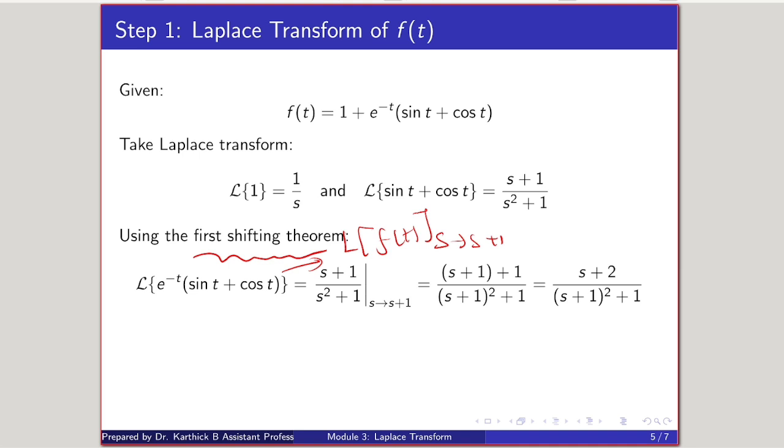S plus a means here the value of a will be 1. So for this we find the Laplace of f of t. This will be s plus 1 divided by s square plus 1. And after finding this I am making a substitution over here.